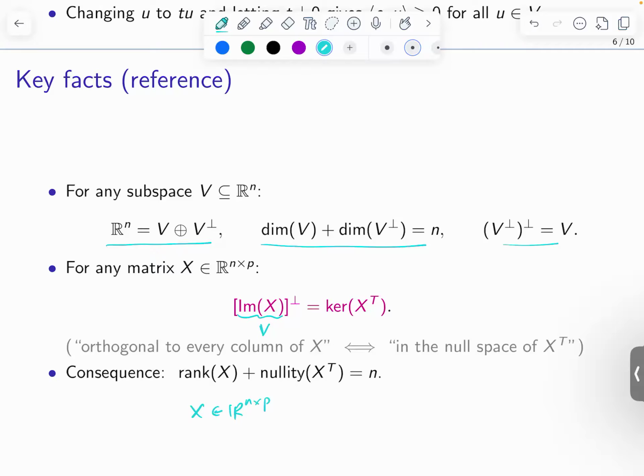So that's the fact that I mentioned last time in passing. If you look at the rank and the nullity of X transpose, they would sum to n.